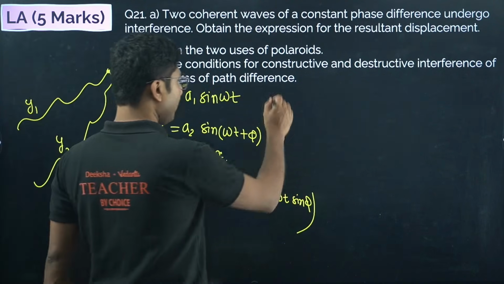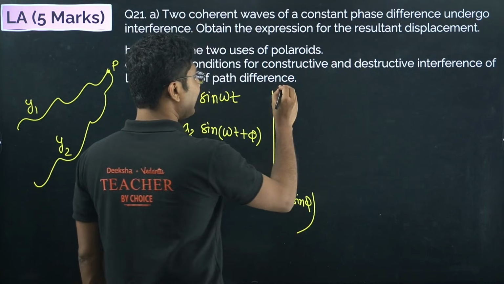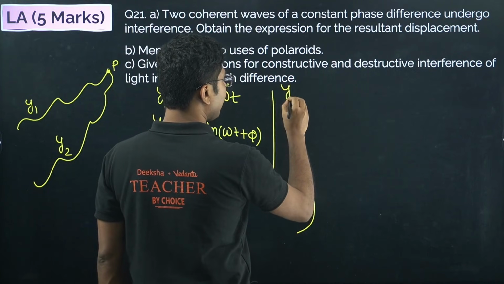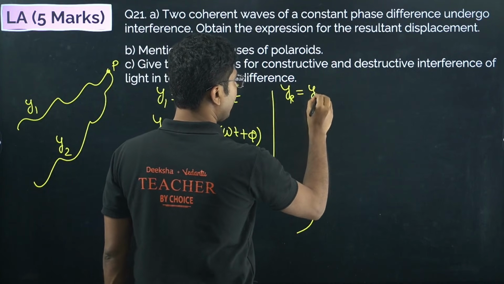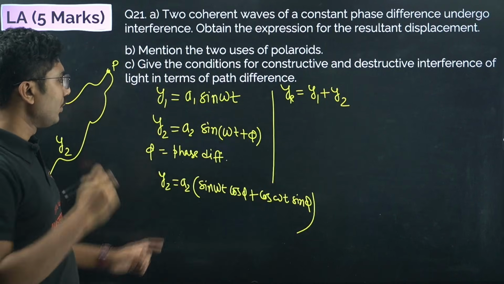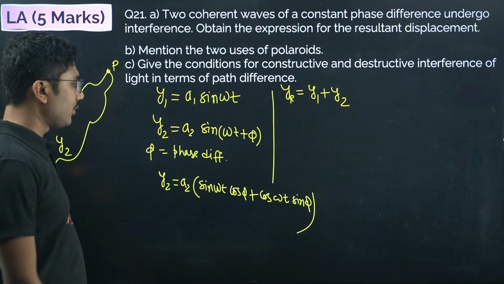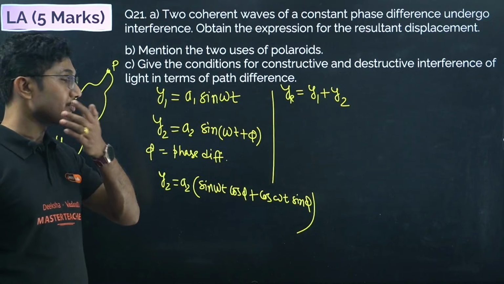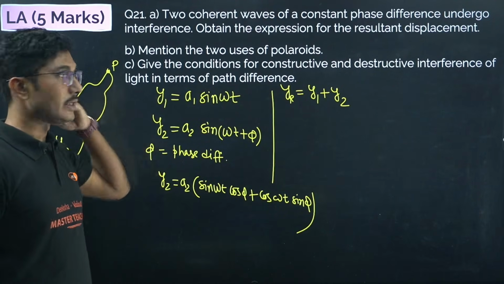Now let's move on to adding them. The net or resultant displacement is given by y1 plus y2. If you add these two terms, first of all we have to take all the sin omega t terms common and all the cos omega t terms common.